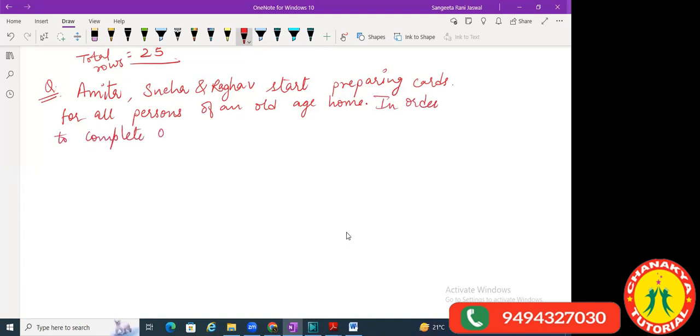In order to complete one card they take 10, 16, and 20 minutes. Now each one of them is taking this much time. One is taking 10 minutes, Sneha is taking 16 minutes, Raghav is taking 20 minutes respectively.